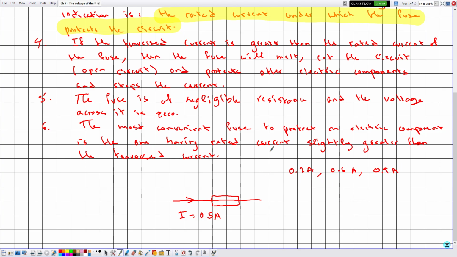So we have the following choices. These are the indications of different fuses, and each of these represents a fuse.